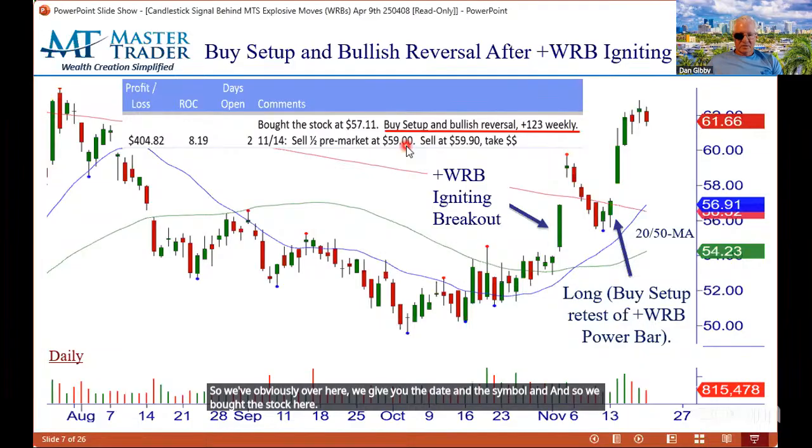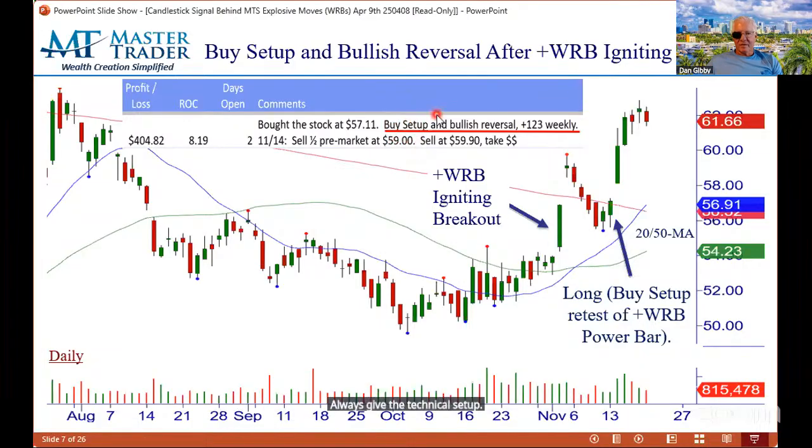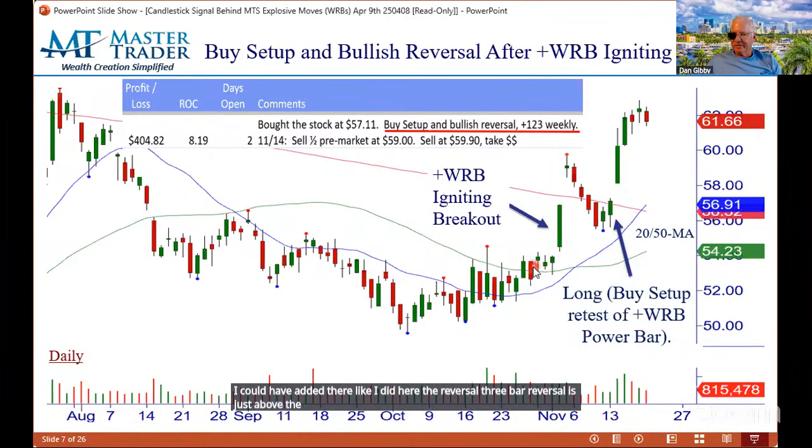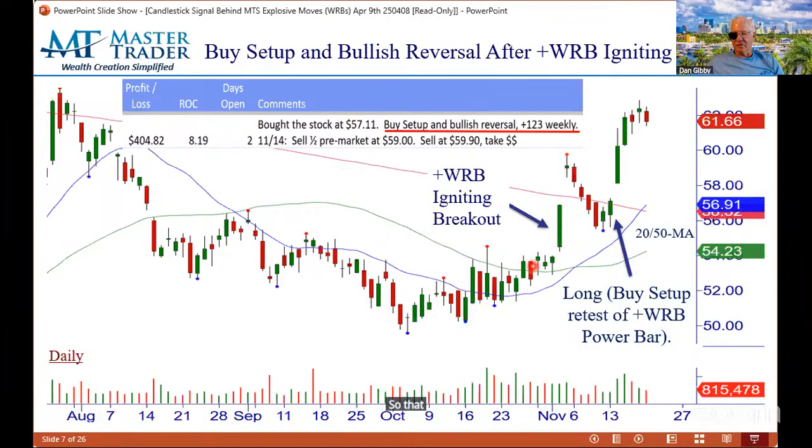We always give the technical setup, so a buy setup and bullish reversal. I could have added there, like I did here, that the 3-bar reversal is just above the 20 MA, but it's within the meat of this power bar. So that's the location of this reversal. This is a nice fluid move down. That's what we call the buy setup.